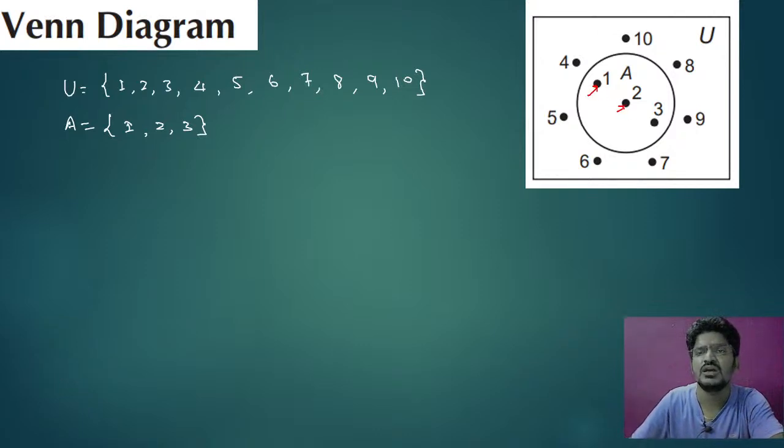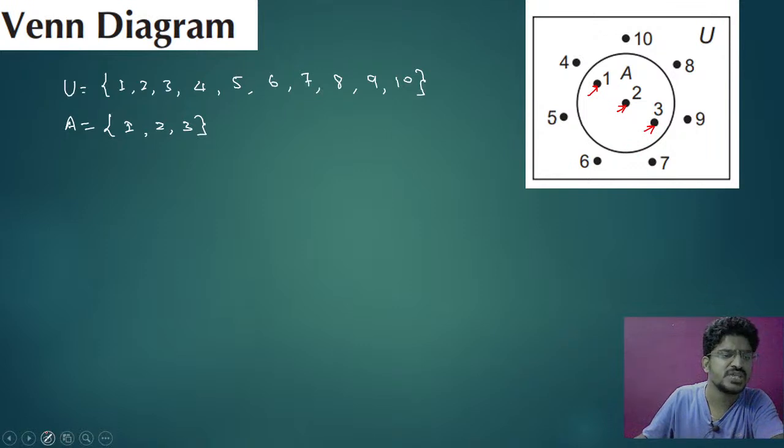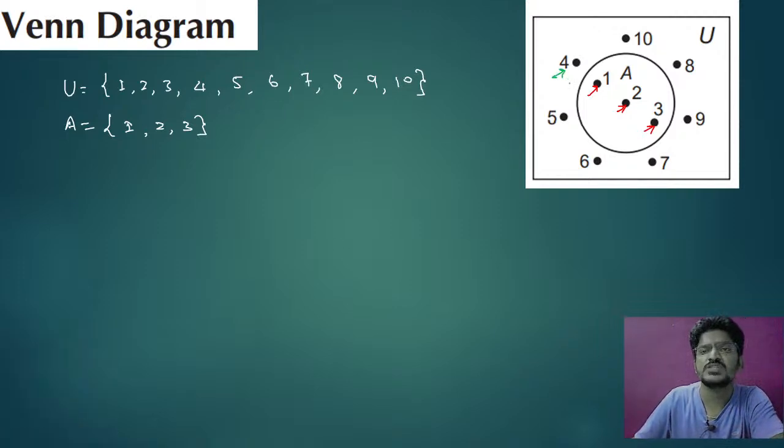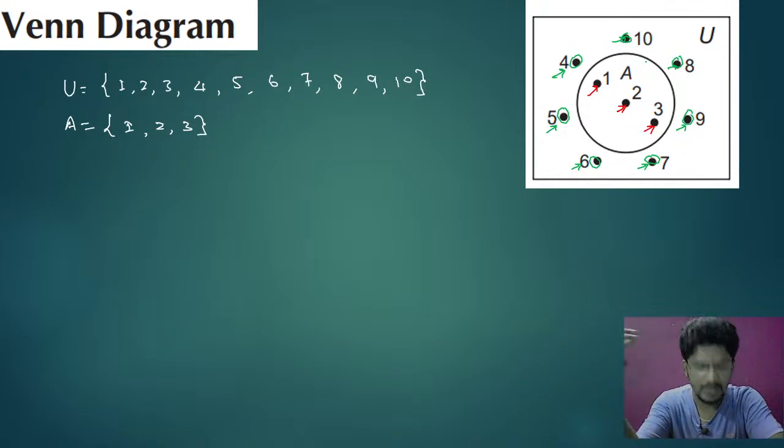See, 1 is present in A, 2 is present in A, 3 is present in A. And the remaining elements, 4 is present in U, 5 is present in U, 6, 7, 8, 9 and 10 are present in U. These 4, 5, 6, 7, 8, 9 and 10 are present in your universal set, but they are not present in set A. Elements 1, 2, 3 are present in set A. Clear?